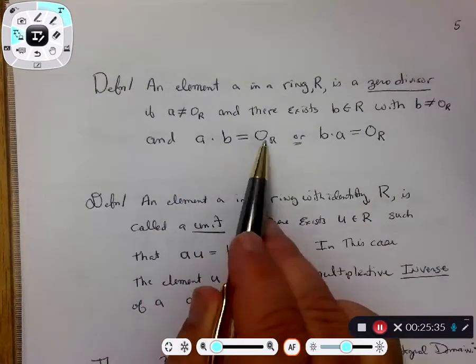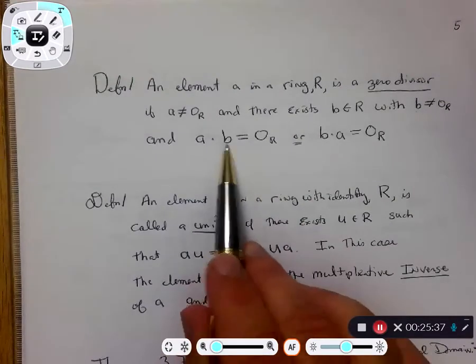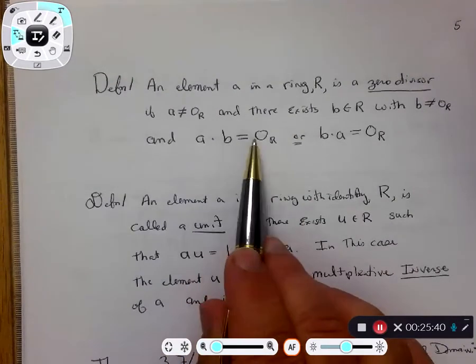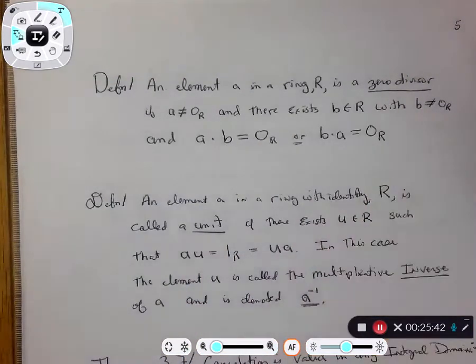The product has to be equal to 0. You have two non-zero elements multiplied together that give you 0. Those are called zero divisors. A is a zero divisor, also B is a zero divisor. So zero divisors are non-zero elements that multiply by another non-zero element to give you the 0 element inside of a ring.